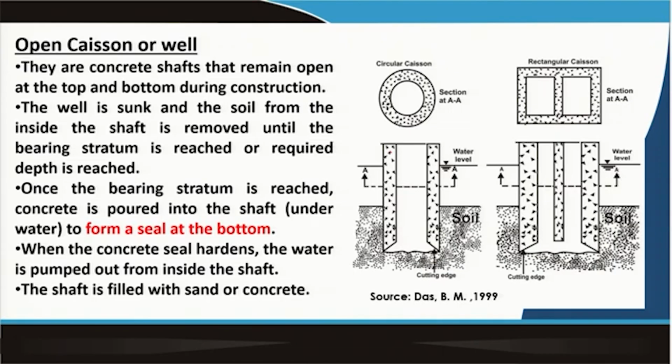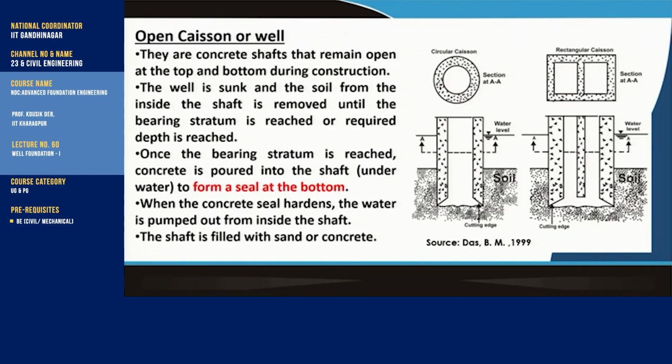Now, this well is sunk and the soil from inside the shaft is removed until the bearing strata or the required depth is reached. So, first it is sunk into the water, and then the soil will come within the shaft, because the lower part is open.